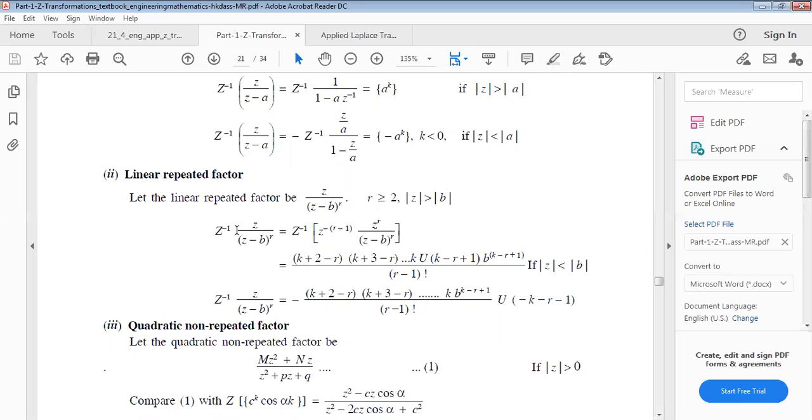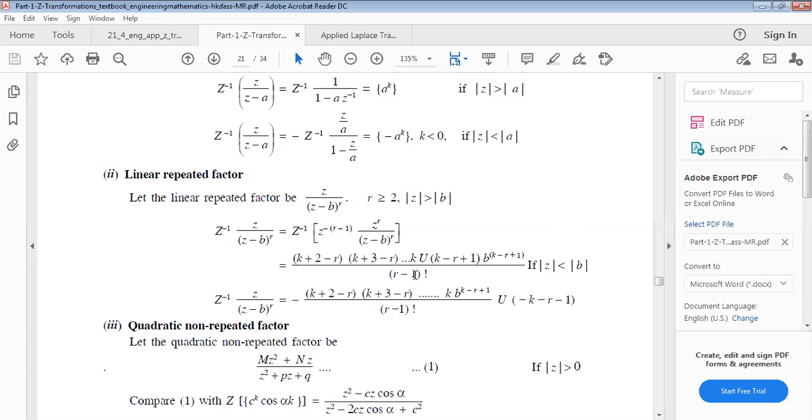Now the inverse z transformation of this can be expressed as the inverse z transformation of this one, z to the power minus r minus 1, whole power, z to the power r divided by (z minus b) to the power r. Actually this can be written as k plus 2 minus r, k plus 3 minus r in this way, and then b to the power k minus r plus 1, r minus 1 factorial.